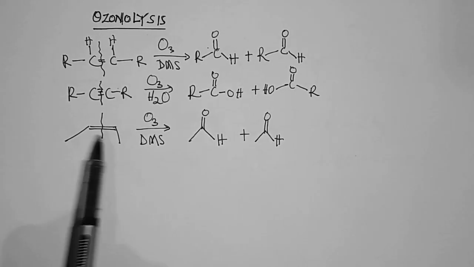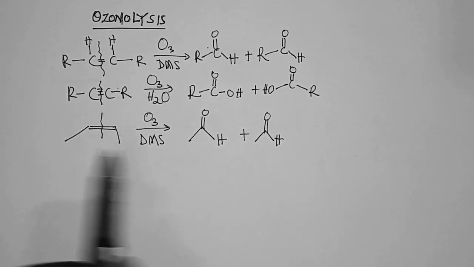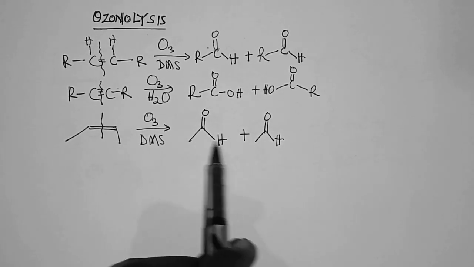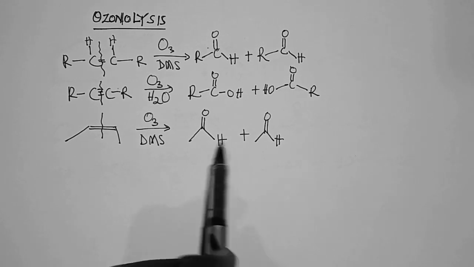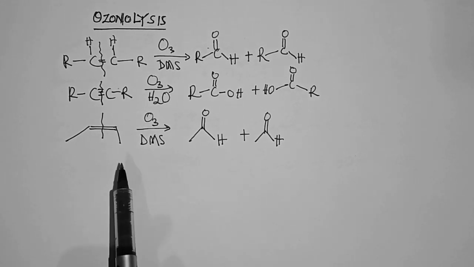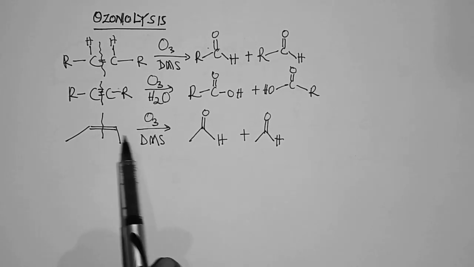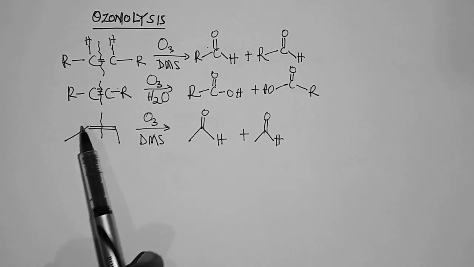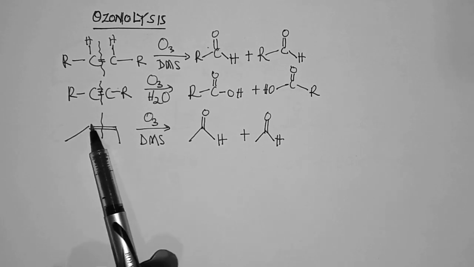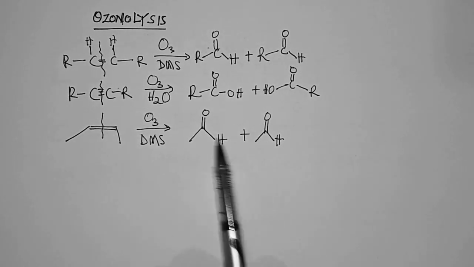You see that this is 2-butene. At the end of the day, we are going to get 2 moles of ethanal. Let's use the reaction mechanism to show how this alkene will be converted to these moles of ethanal.